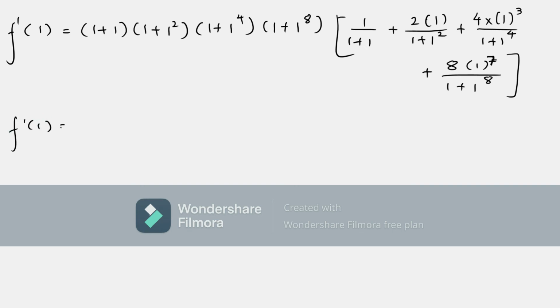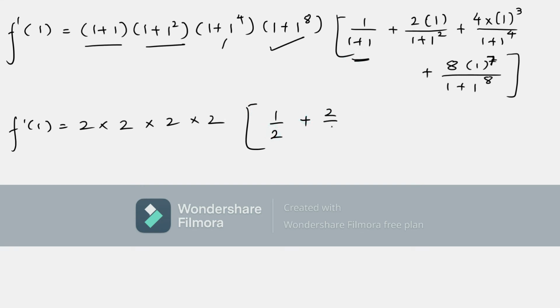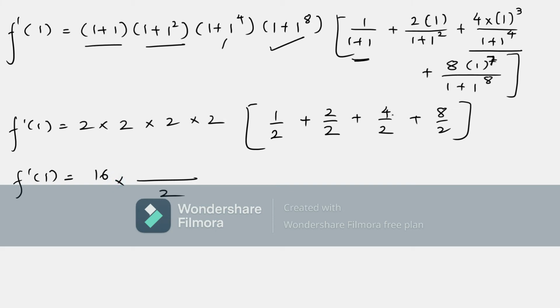So f'(1) is equal to 1 plus 1 is 2, 1 plus 1 square is 2, and this one is also 2, plus 1 everywhere, which is 1 by 1 plus 1, 1 by 2, plus 2 by 2, the next is 4 by 2 and 8 by 2. 2 can be taken as LCM, and 1 plus 2 is 3, 7, 15.